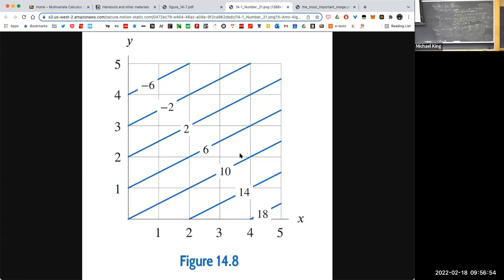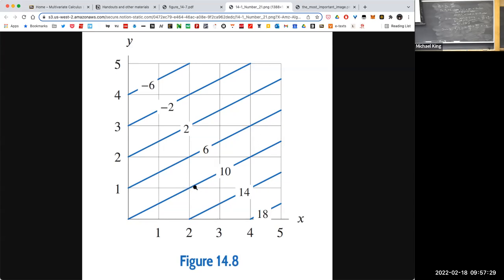There's another question like this on a homework where you had to go between two different points on a contour map, estimate the change in z, estimate the distance between the two points, and then take the ratio, and that's the average value. I don't remember the problem number.